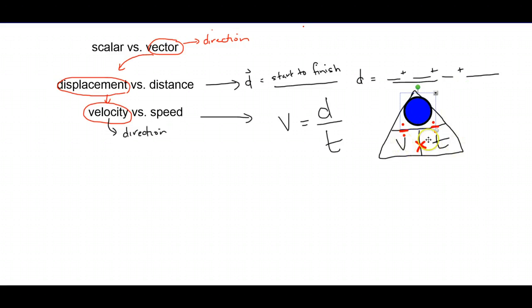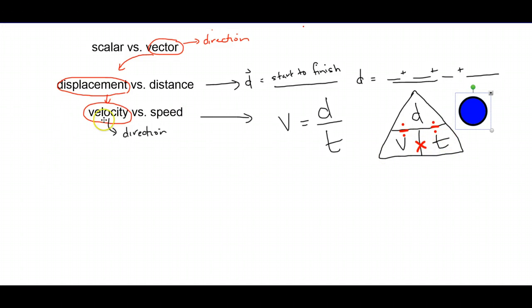It means we have to multiply velocity times time. If we're solving for time, let's say we want to know how long something took, cover it up, we're going to take displacement or distance divided by velocity or speed. So this whole thing works for both velocity and speed. The only difference is that velocity has to have a direction in your final answer. So don't forget to put units and don't forget to put directions if it's one of the vector quantities. If it's not, then you don't have to. Okay.